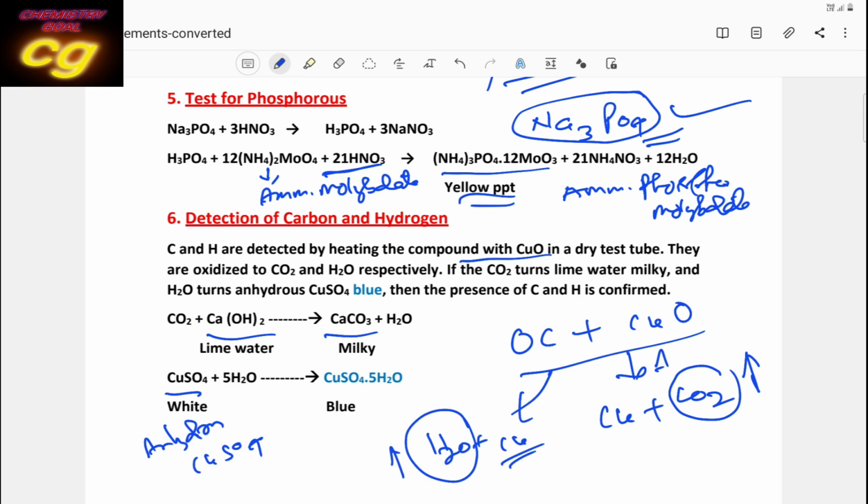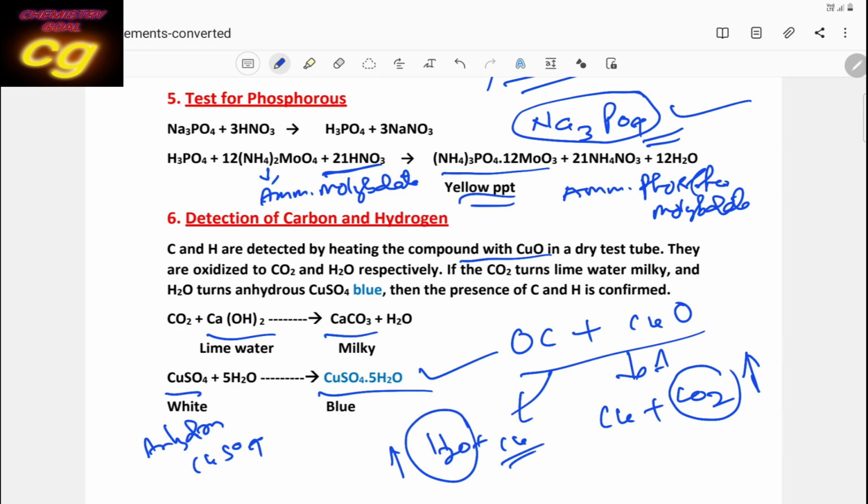When water vapor comes in contact with white anhydrous copper sulfate, immediately blue copper sulfate is formed. That is pentahydrate copper sulfate, which has blue color.